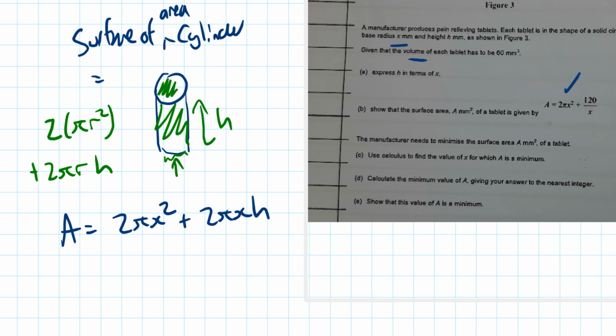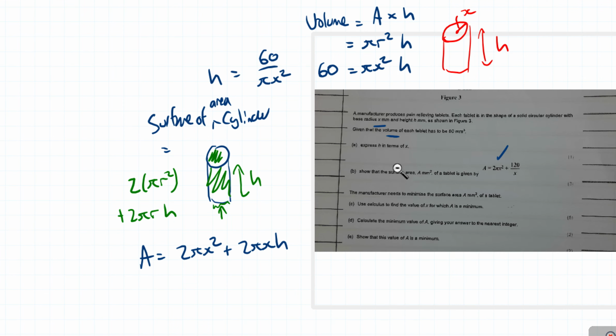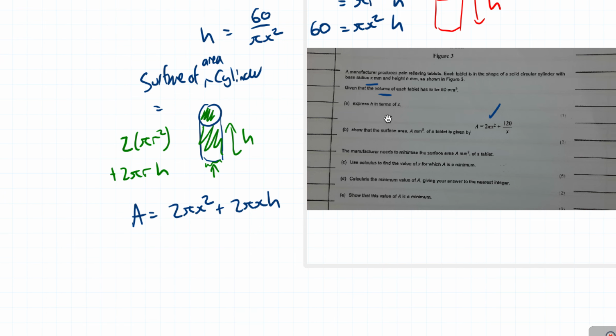Now that gives us the area, but we notice that the next term has an h and this one has no h. That indicates that we need to replace it, and it makes sense from part A, where we found h in terms of x, so we're going to replace h in this equation.